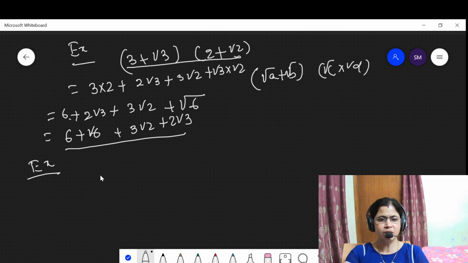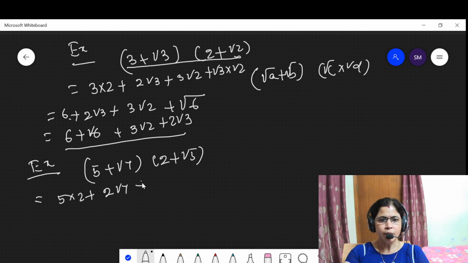Here another question says, in the same way simplify the given expression. This is 5 plus root 7 into 2 plus root 5. Then you can write 5 into 2 plus 2 root 7 plus 5 root 5 plus root 7 into root 5.